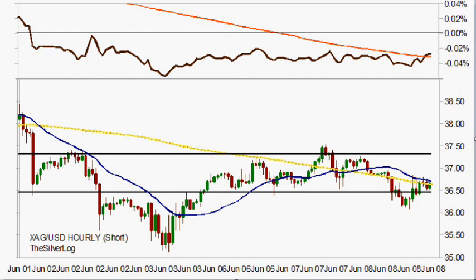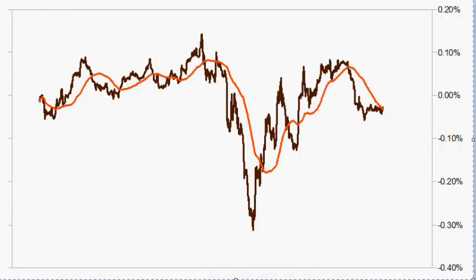Now, as far as this chart is concerned, if we expand this out going back to March, we can see, well, first off, we'll put in a 0% line, make it blue, and make it a straight line. I do that all the time. So we have a 0% line. Whenever we are above this line, it's a rising 5-day moving average.